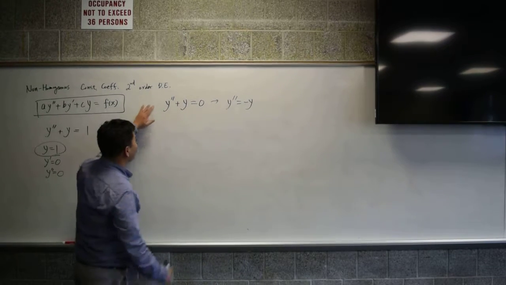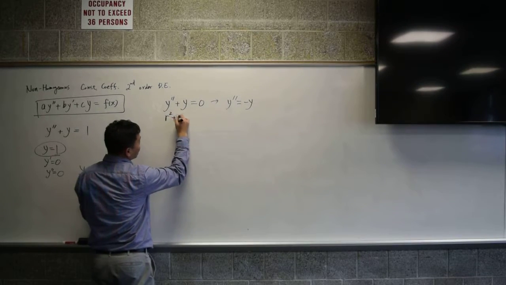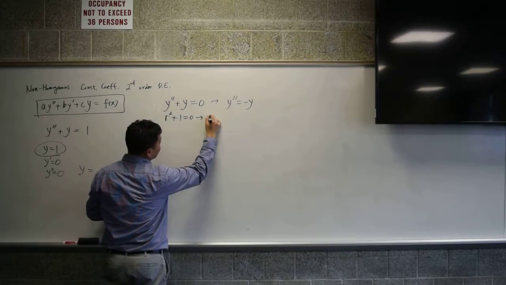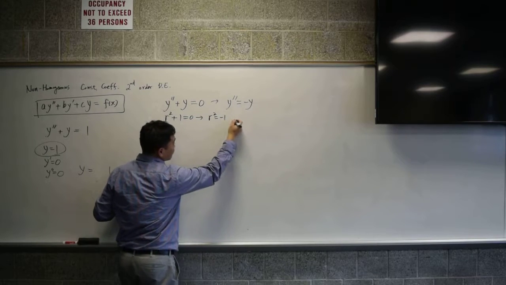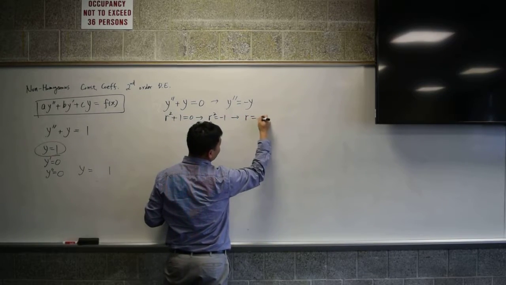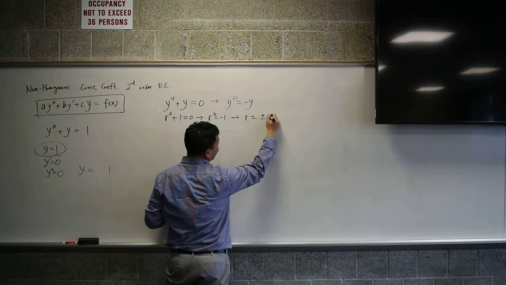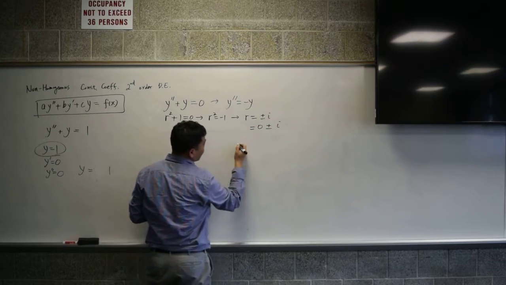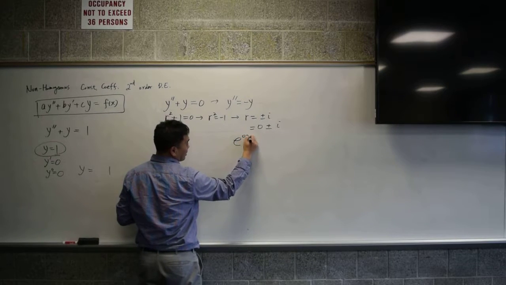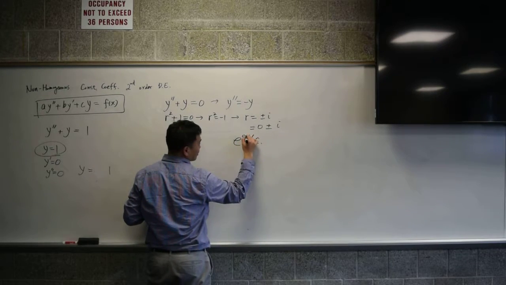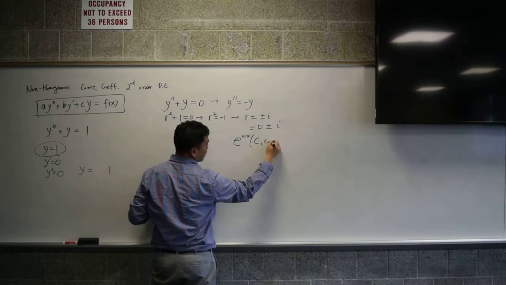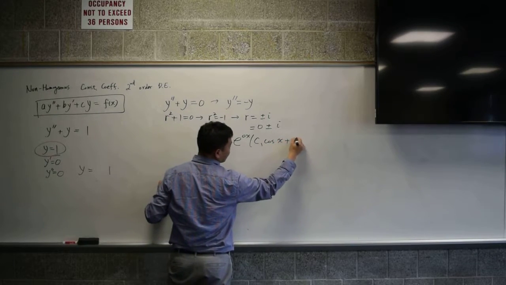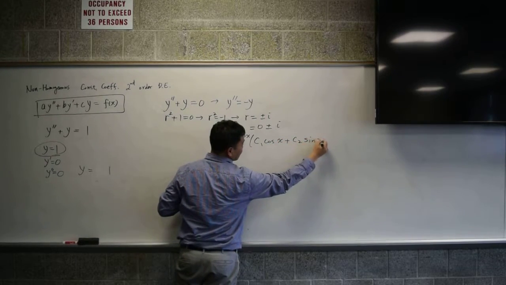I mean, you could write down the characteristic equation, which is r squared plus 1 equals 0, and find r equals plus or minus i, which is 0 plus or minus i, and in that case it's e to the 0x times c1 cosine of 1x plus c2 sine of 1x, right?